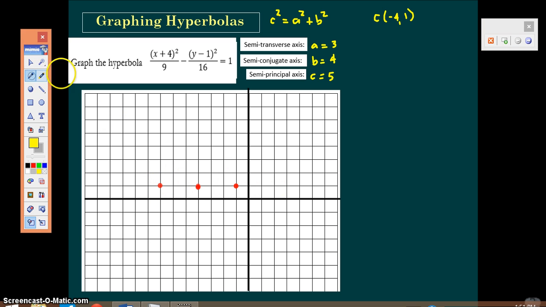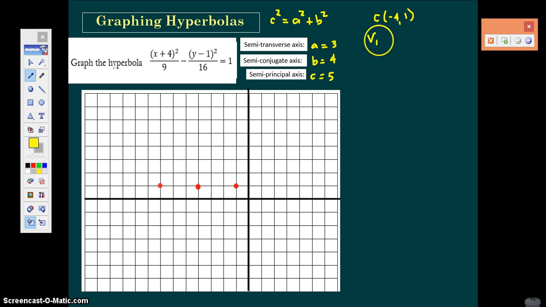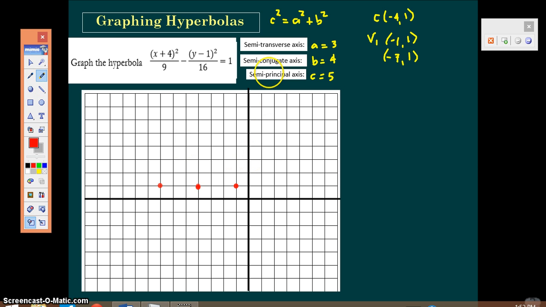These points are also your vertices, since this is horizontal. The y coordinates are the same, so this is also 1. 3 units to the right of negative 4 is negative 1. 3 units left of negative 4 is negative 7. So just subtracting.